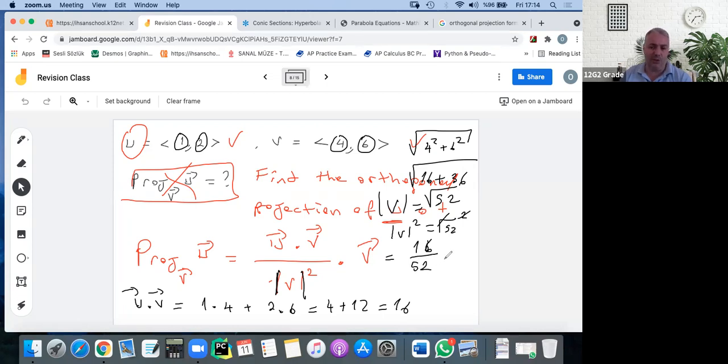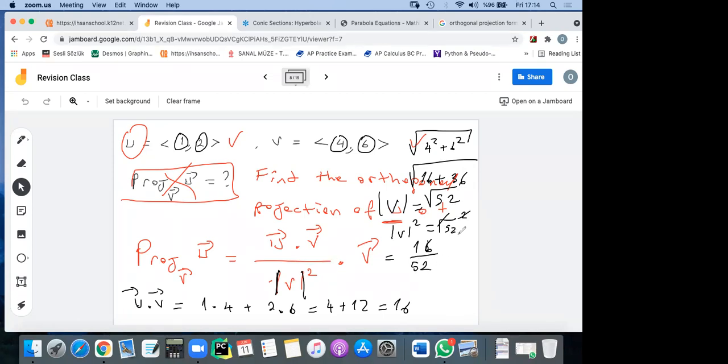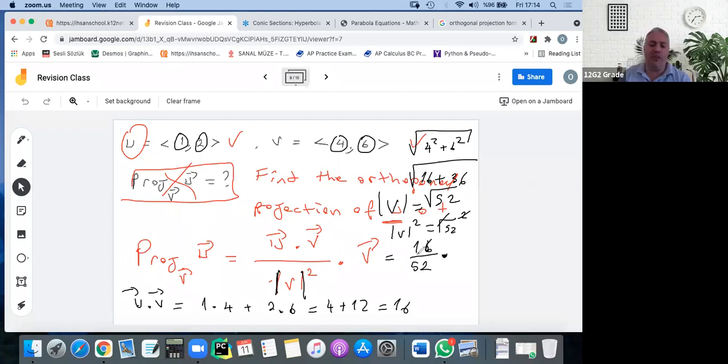Then times vector v, which is (4, 6). First of all, simplify if it is possible: 16 over 52 divided by 4 gives 4 over 13. So times (4, 6).